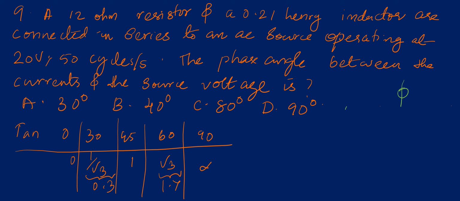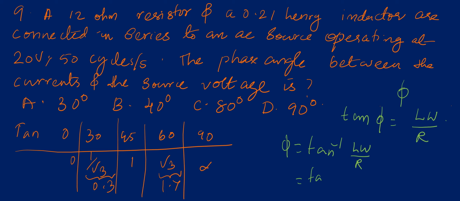The relation between phase angle and R and L is tan phi equal to L omega divided by R. So phi is tan inverse of L omega divided by R, or tan inverse of, L is given 0.21, omega is 2 pi F, 2 pi into F given 50, divided by R given 12 ohm.